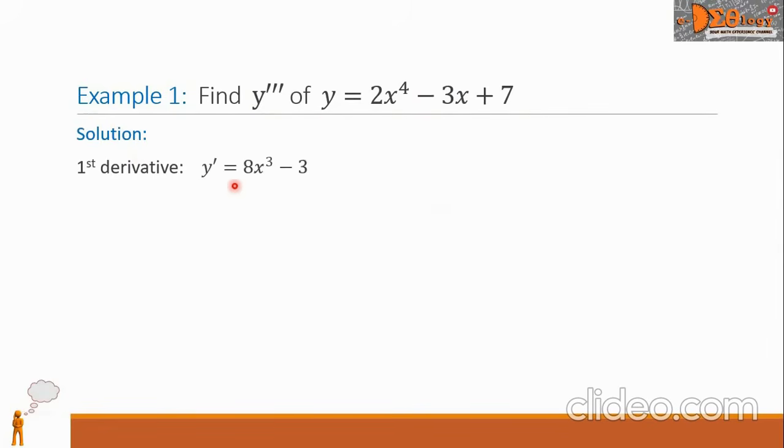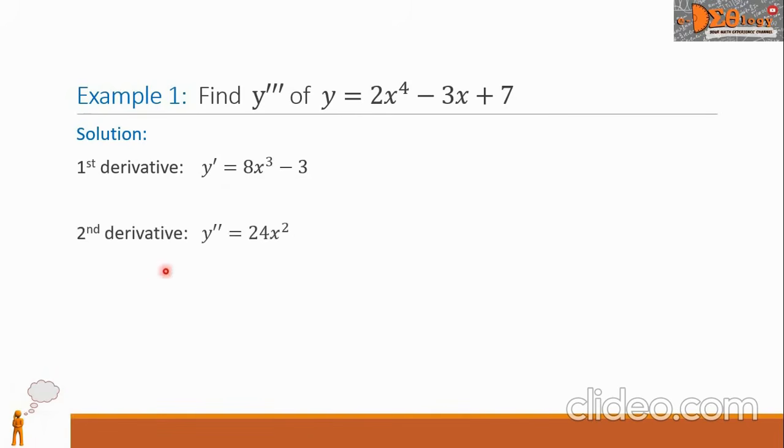So y prime equals 4 multiplied by 2 becomes 8 multiplied by x with the power 4 minus 1. So we see here power 3. So 8x cubed minus the derivative of 3x, which is 3. So minus 3 plus the derivative of the constant 7, which is 0. So we will not write anymore. Therefore, the first derivative is equal to 8x cubed minus 3.